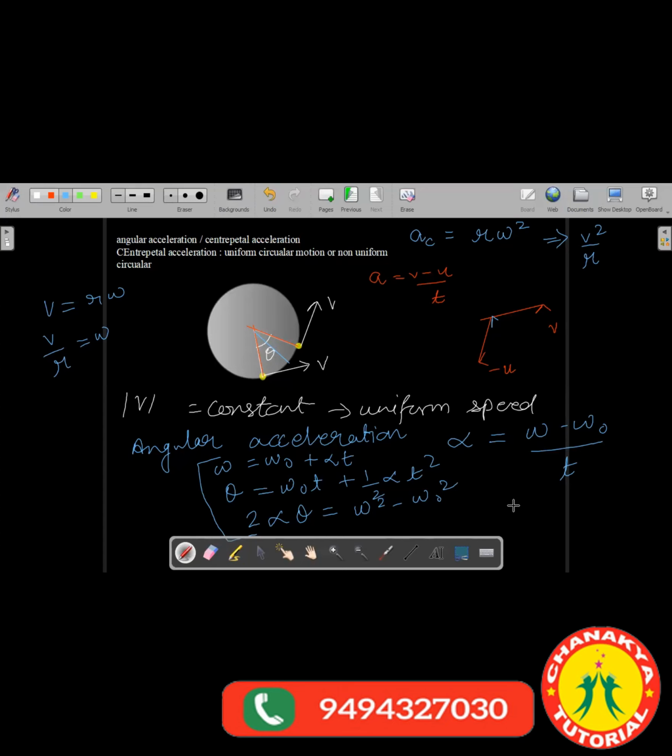The linear acceleration A would be given by r times alpha. Here A represents the linear acceleration. That means you will find some increase in linear speed also.